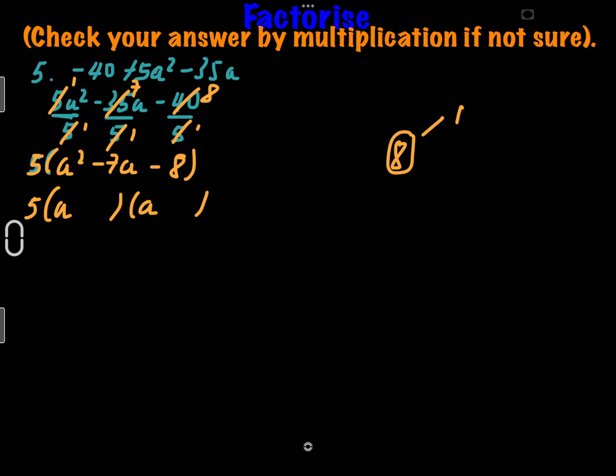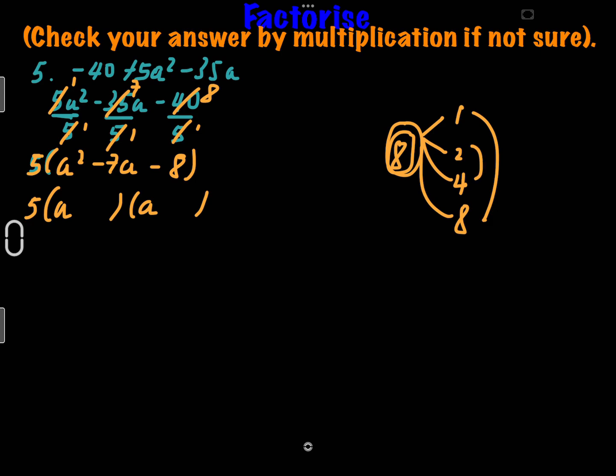So we have 1, 2, 4, and 8. Those are the 4 factors of 8. By verification, we can multiply those extreme factors to see whether they give us this common product of 8. So 1 times 8 gives us 8, and 2 times 4 gives us 8.